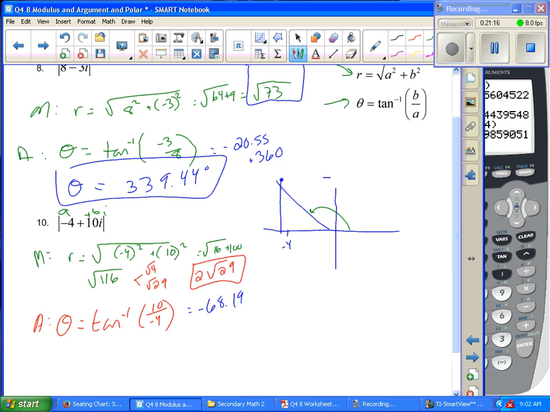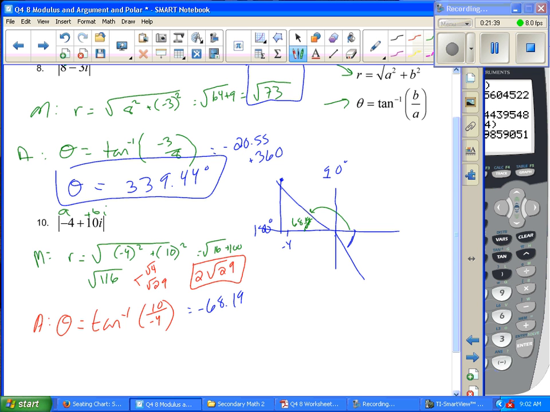Now that's not my answer because that's not an answer between 90 degrees and 180 degrees. So what that told me is that the angle negative 68 would have been right here, which meant that that corresponded to this angle right here being 68.19.